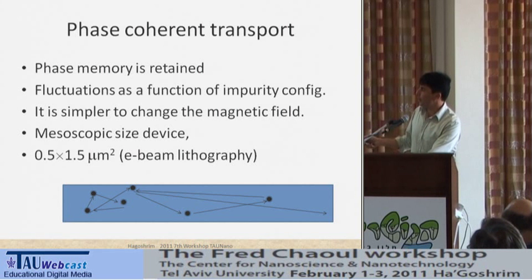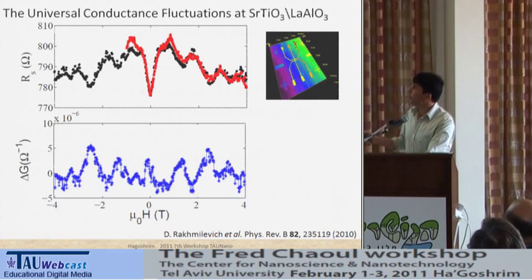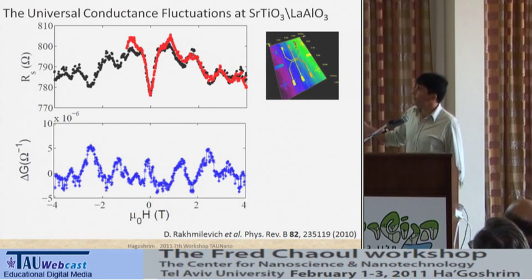If you apply a magnetic field, you would expect some kind of reproducible interference pattern. Okay, and this is the measurement. So here you see this is the signature of spin orbit, and these are the interference patterns. So this is universal conductance fluctuations, and you see this thing is reproducible.